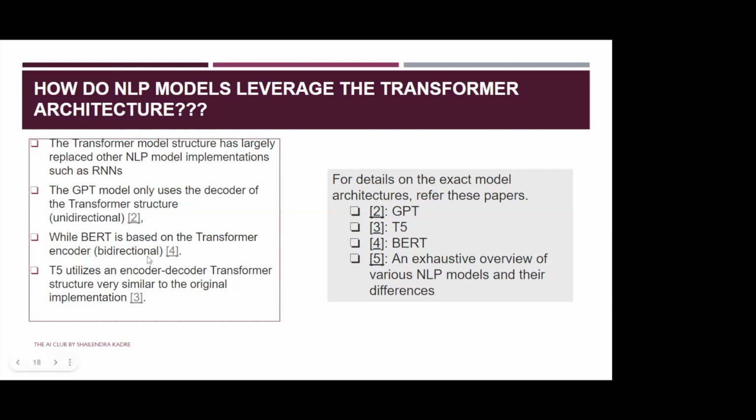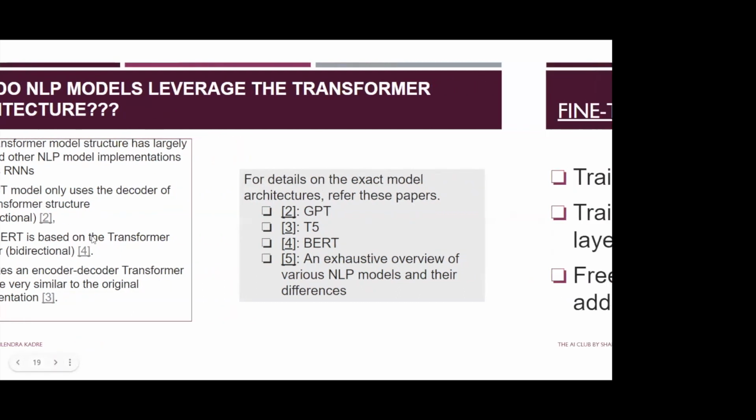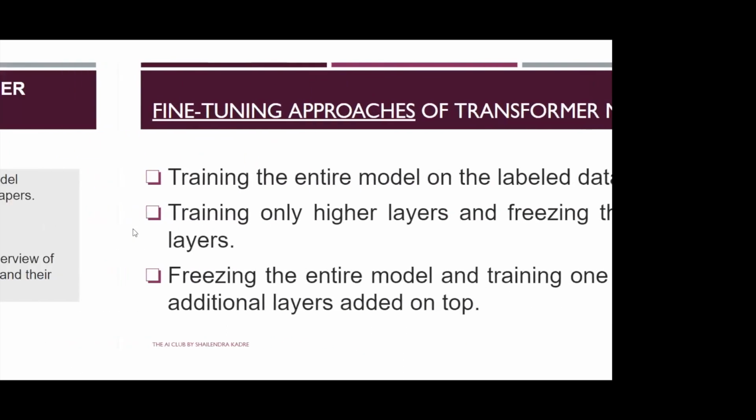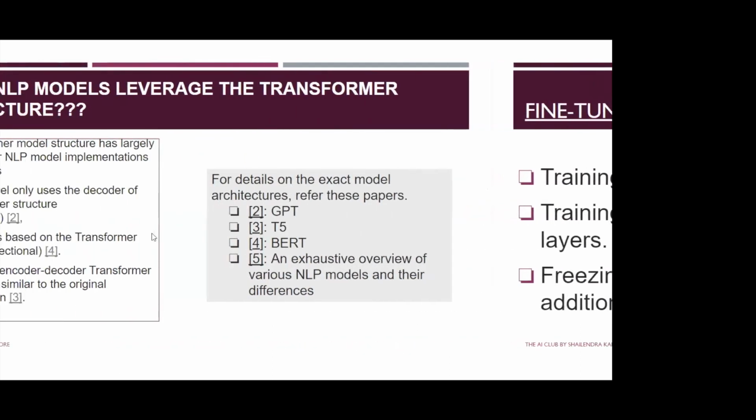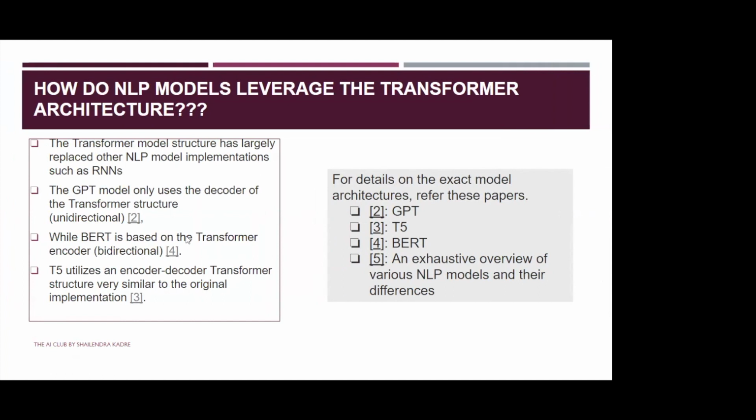Note that BERT is based on the transformer encoder. It involves encoding of text and then making predictions, and it is bidirectional in nature. T5 is interesting. It involves both encoding as well as decoding, and it is very similar to the original transformer implementation.